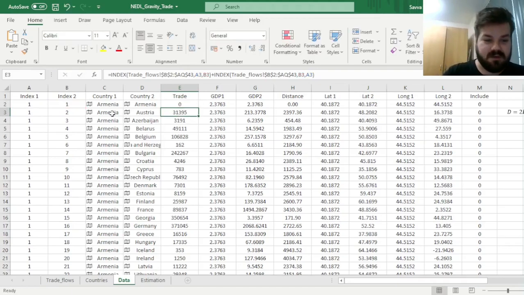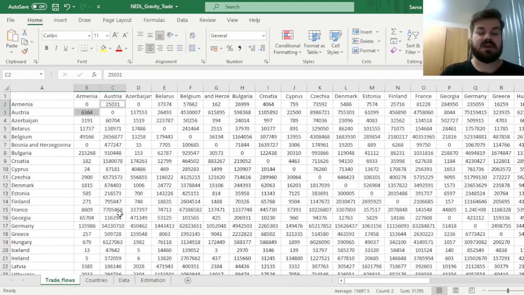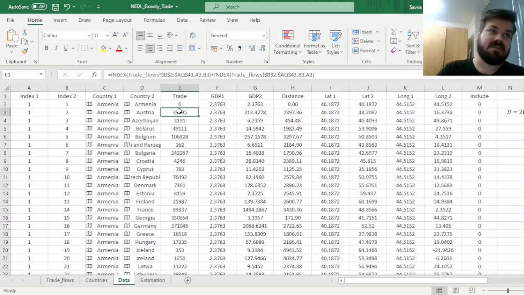So here, for example, for Armenia and Austria, we sum those two cells. As we do not care which direction the trade goes, we're interested in total trade volume between Armenia and Austria, and we get $31 million. And that is exactly what we've got over here. So we sum up both directions of trade for our particular pair.